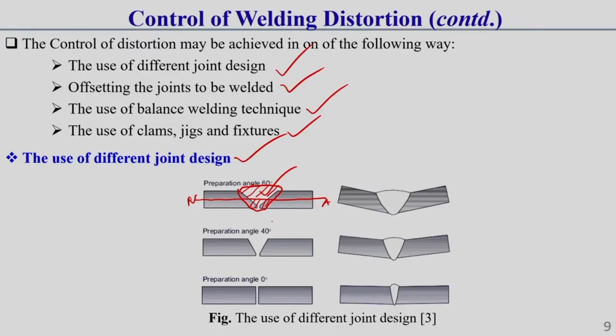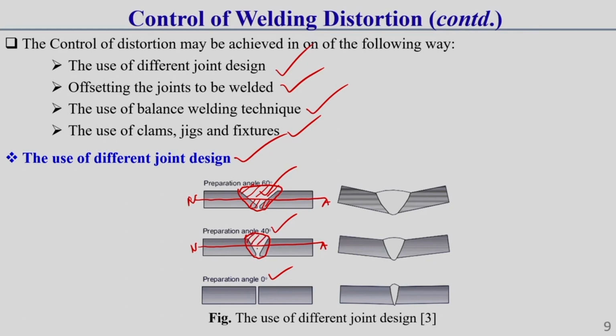That is why, once we reduce this V angle to, let us say, 40 degrees or even 0 degrees, we can control the distortion significantly, because at 40 degrees the volume of material required will be less, and through the thickness the top portion volume of material about the neutral axis also has less variation than the bottom side volume of weld material, correct.